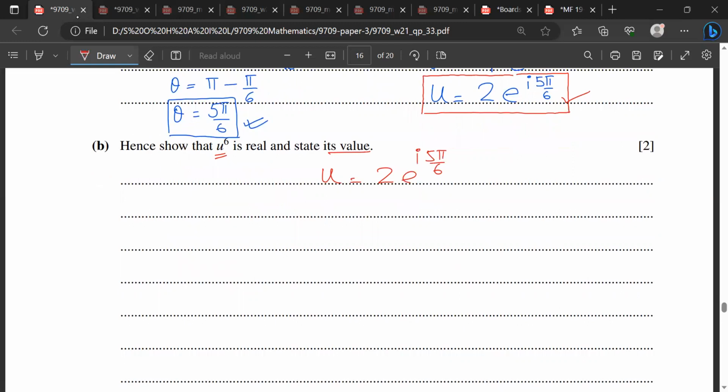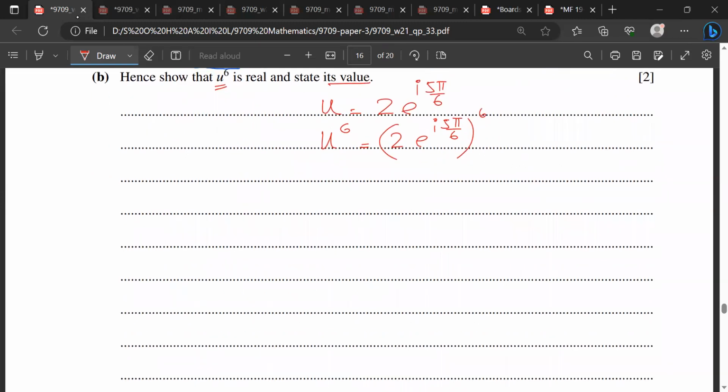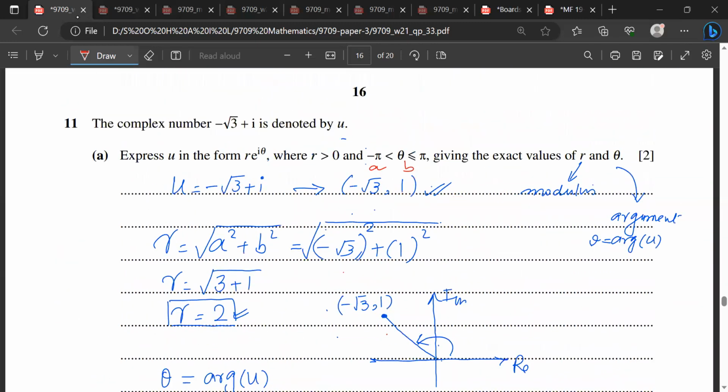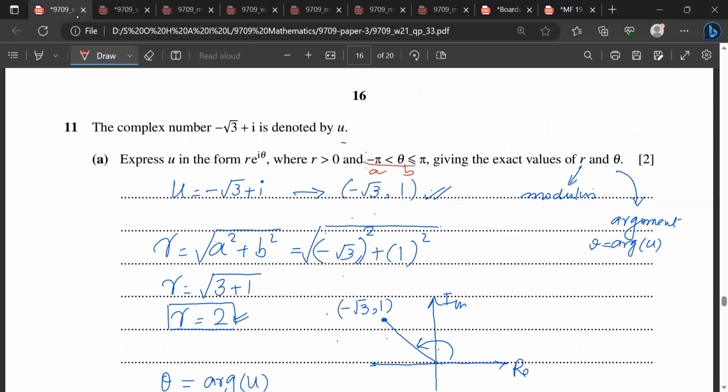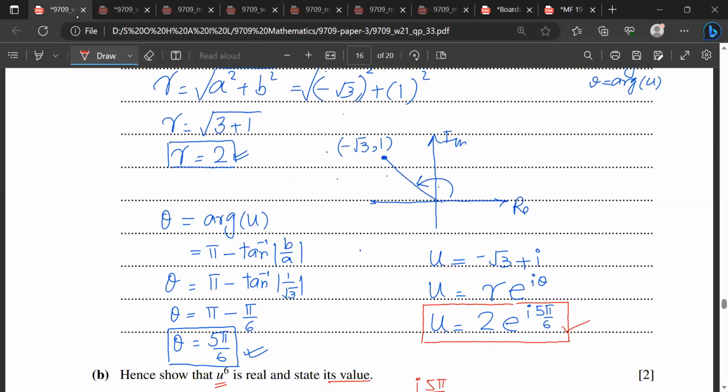u power 6, as u is 2 e raised to the power iota 5 pi over 6, is simply 2 e power iota 5 pi over 6 with power 6. u to power 6 is 2 power 6 e power iota, so multiply the powers, it is 5 pi. 5 pi cannot be the argument, because theta is greater than minus pi, less than or equal to pi.